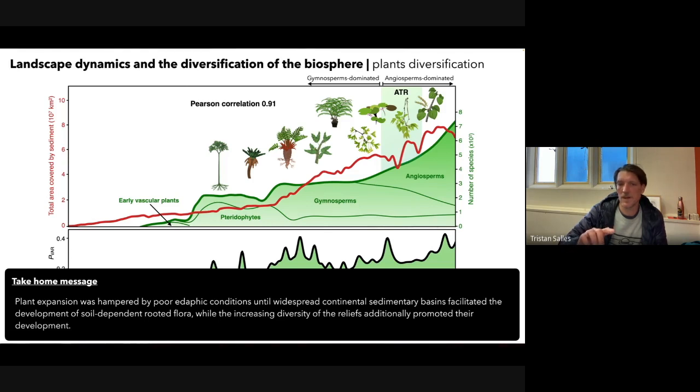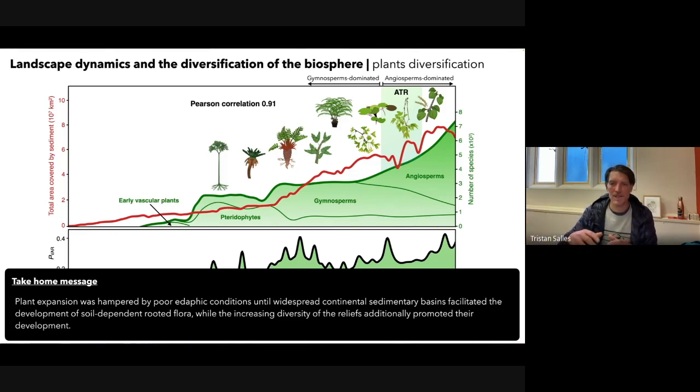One thing that is important to note also is that here it's not just the sediment that is going to be deposited on the continent, it's also the complexity of the landscape. Through time, we start with a landscape that is relatively homogeneous, okay?